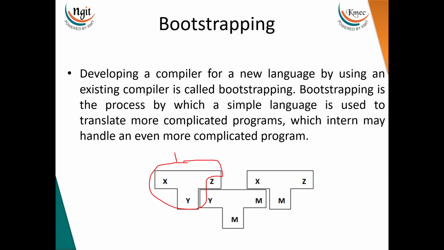By using this compiler, we are going to develop a new compiler called X on machine M for targeting code Z. Here we have written it in Y, but we are going to execute it on machine M, which is our target. So the new compiler is going to work on that target machine. The same language is used, but we develop a compiler for a different host, right?